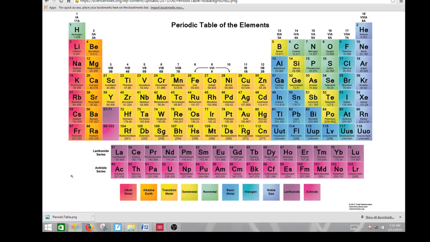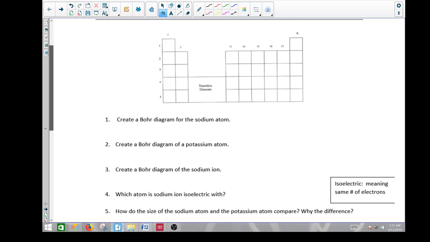It also is in the third row, so that means it has 3 energy levels, and it has 1 valence electron. So with that, we can do a lot. All right, so draw it out.